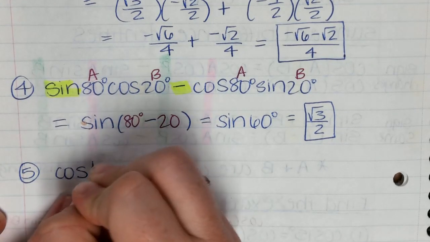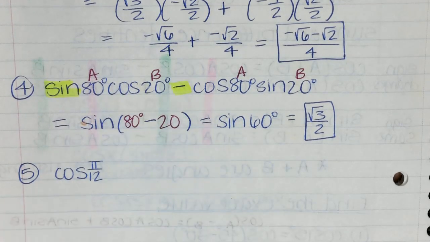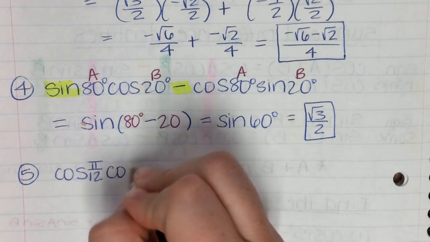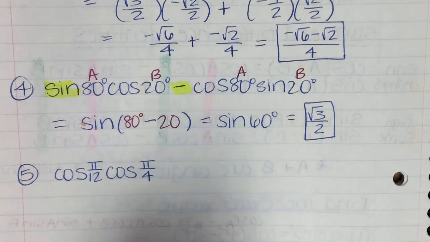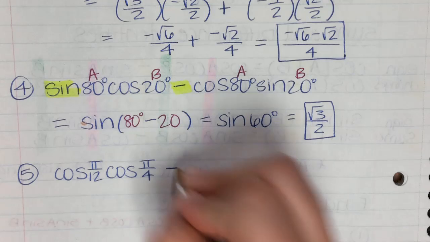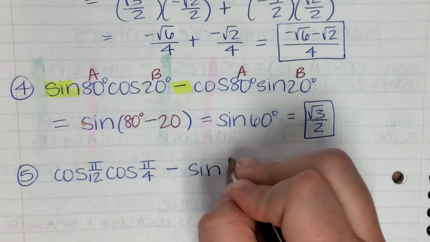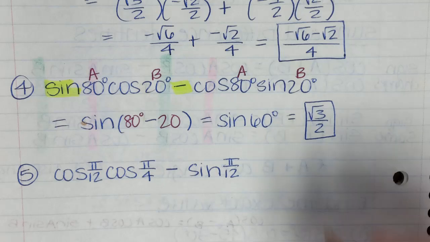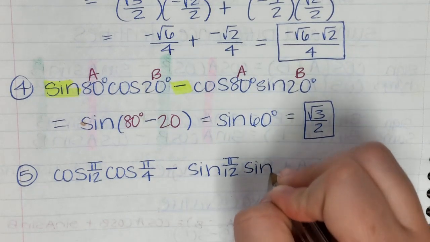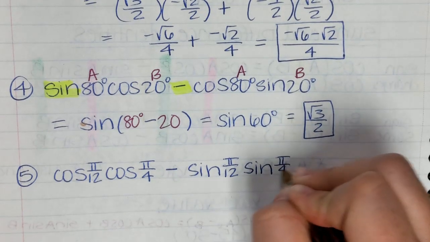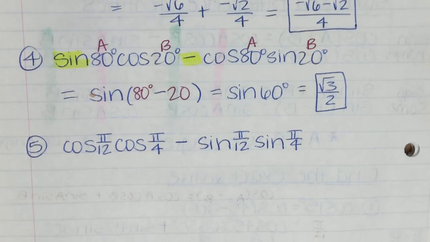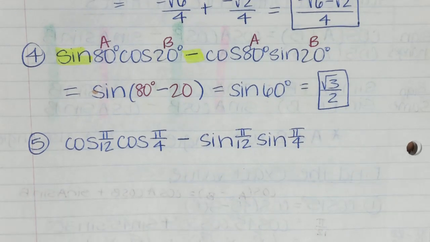The cosine of pi over 12 times the cosine of pi over 4 minus the sine of pi over 12 times the sine of pi over 4. Cosine pi over 12, cosine pi over 4, minus sine pi over 12, sine pi over 4.